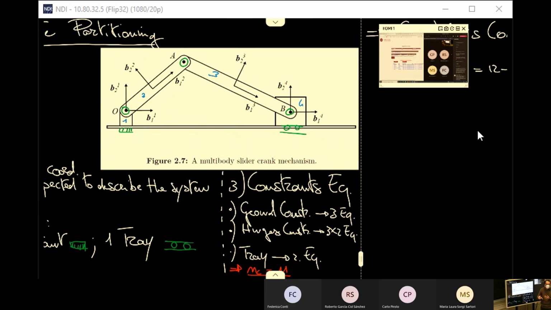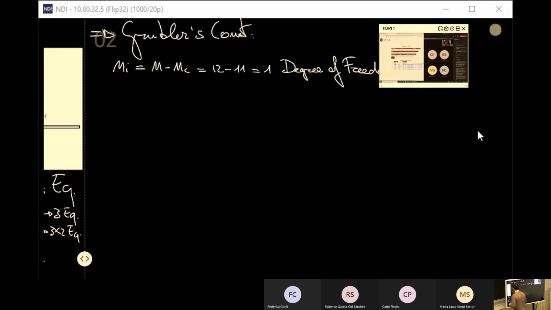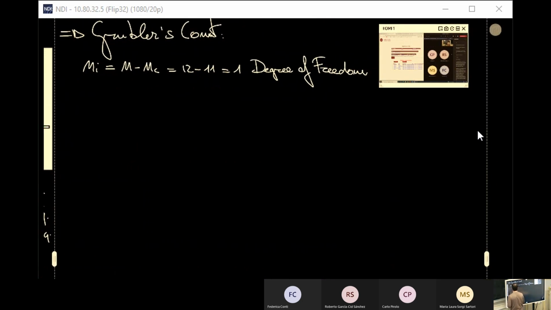It rotates, and it transforms the rotation into a sliding motion. So you basically govern this mechanism by imposing the rotation of the crankshaft, from O to A, in its rotation about O. Okay, very good.